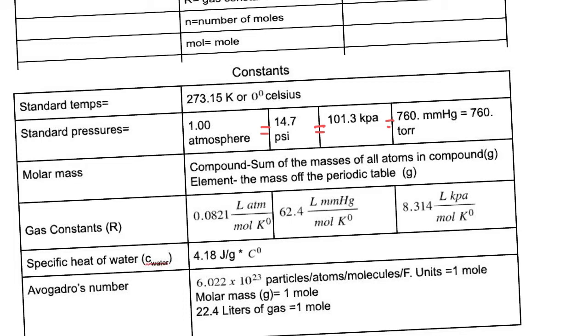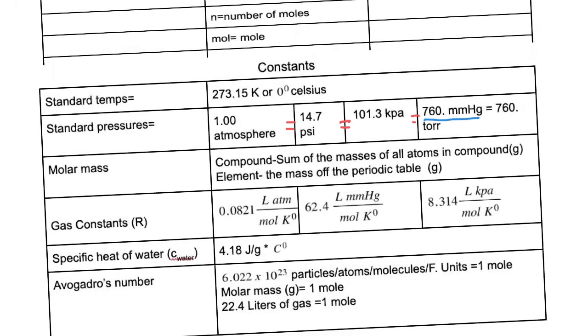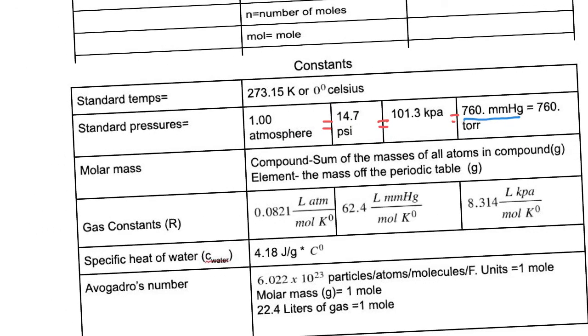And then millimeters of mercury, and there it is, that's going to be my ending pressure reference table. And now I'm looking at standard temperature, and I'm going to grab Kelvin because I don't want to have to convert it again. So 101.3 kPa is the value I'm going to use.